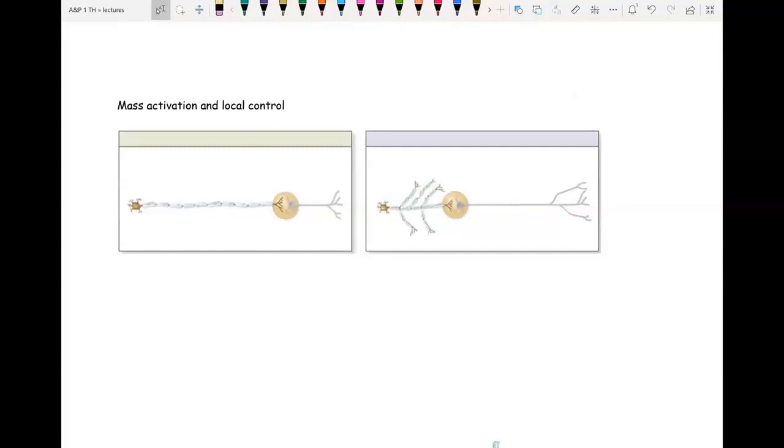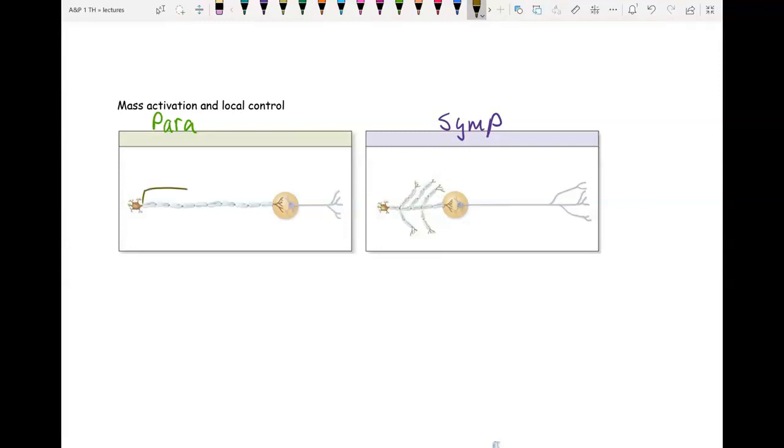Here we can compare the upper and lower motor neurons. So here, the 2 lower motor neurons. Here is our parasympathetic, and here is our sympathetic. In parasympathetic, notice that the preganglionic neuron is long and unbranched.